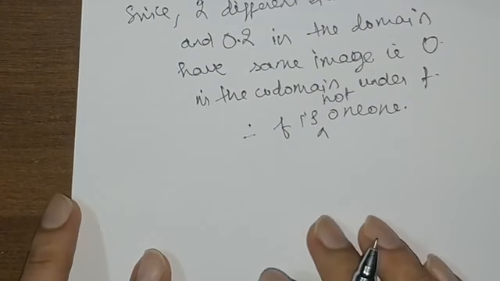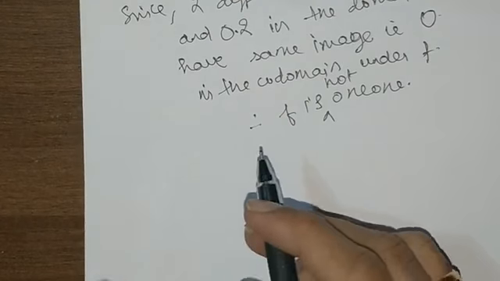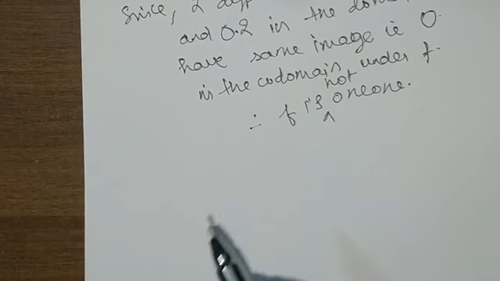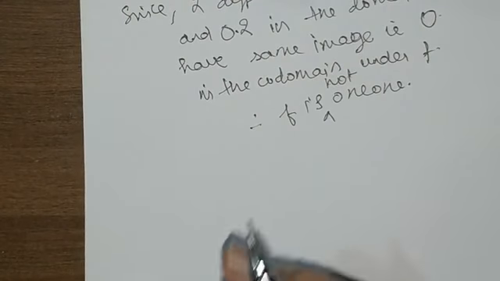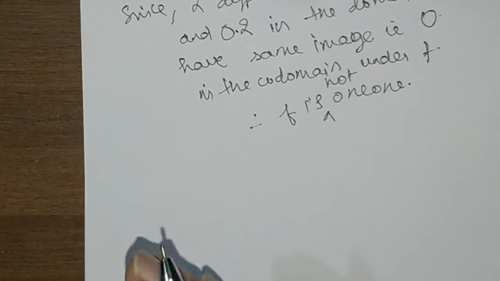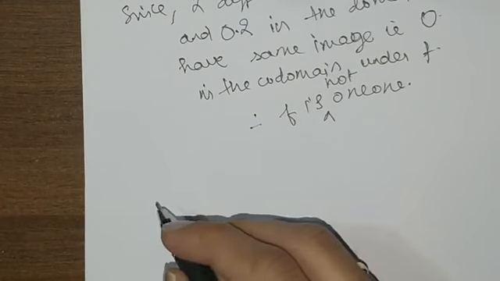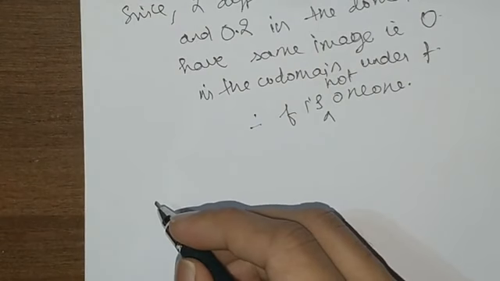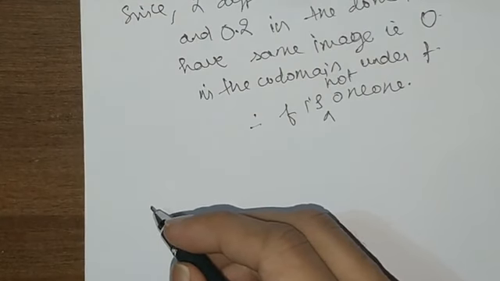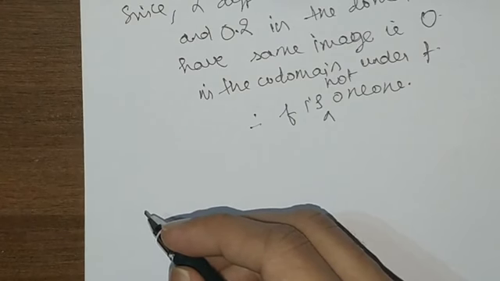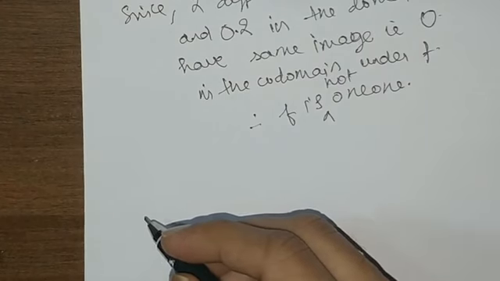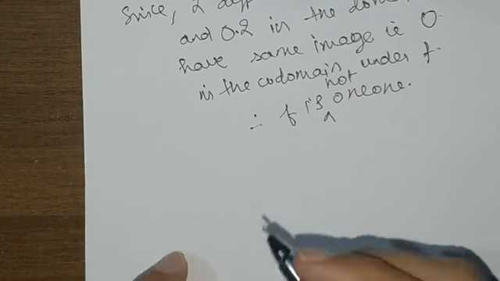Now, if you want to check whether a function is onto, then for every y belonging to the codomain you have to find an element x in the domain such that f(x) is equal to y, right?